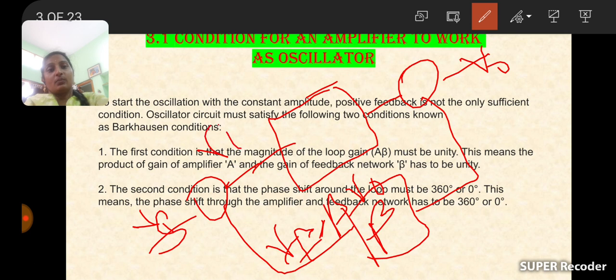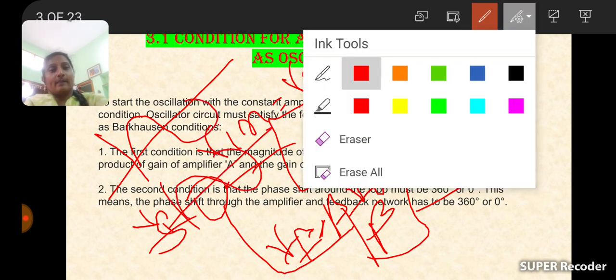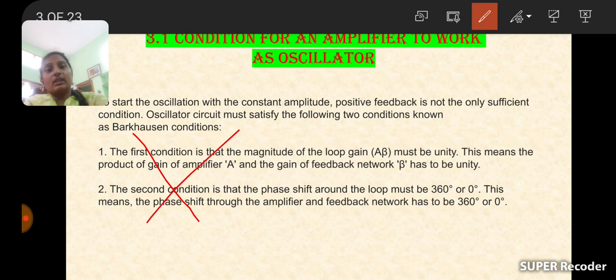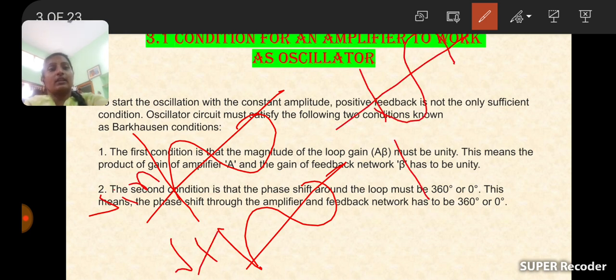So V input is equal to Vs plus or minus Vf. But in an oscillator it is equal to Vs plus Vf. If the input signal is like this, the feedback is also like this, Vin and Vf. Or otherwise, if the input signal is like this, the feedback signal is also like this.